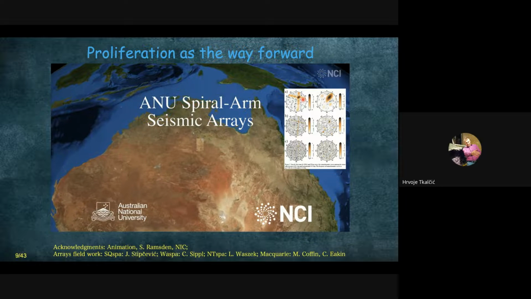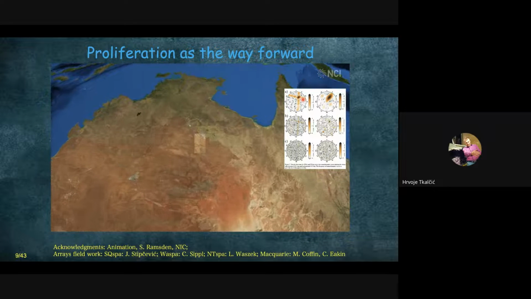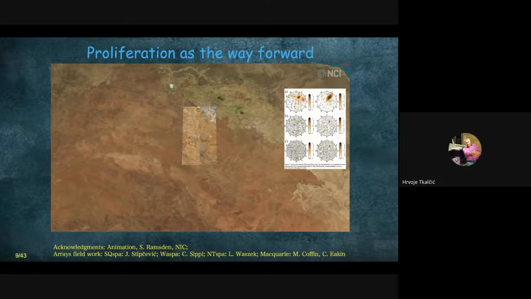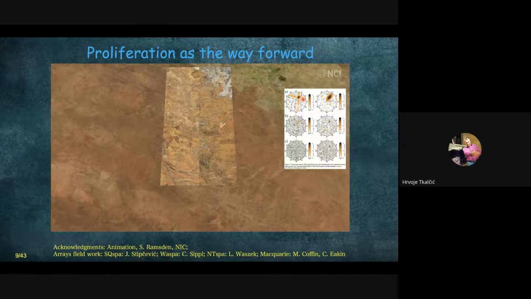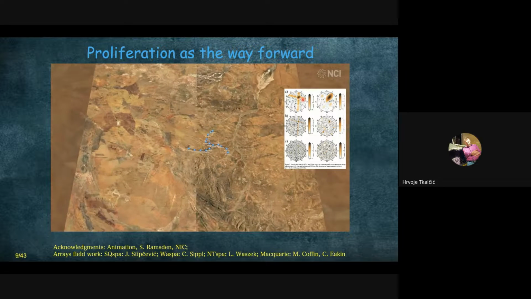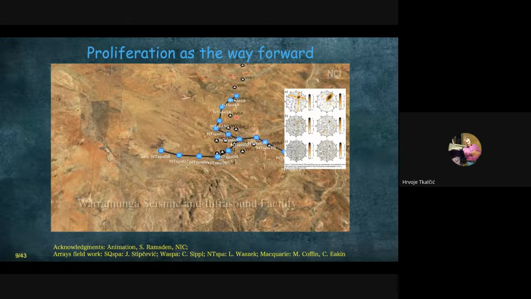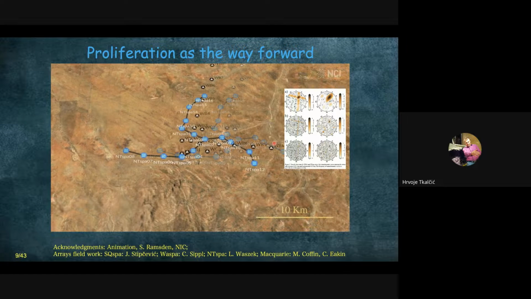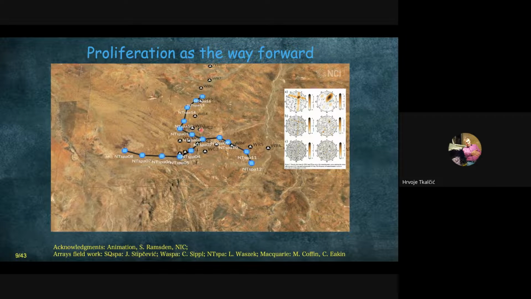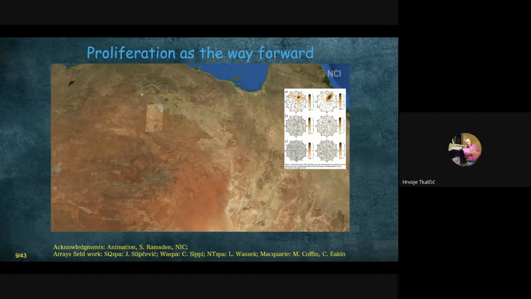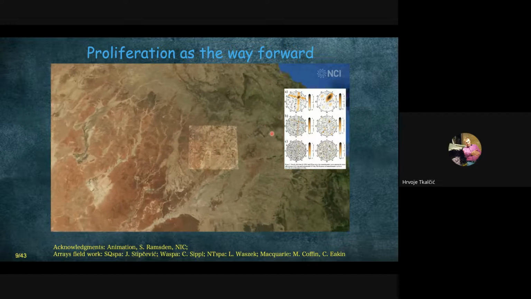And this is more specifically what my research group and I did in the last decade. We installed these interesting spiral arm arrays. You can see here Warramunga, which is a monitoring facility in the Northern Territory. It's L-shaped, but on top of that, we installed these spiral arms, three logarithmic spirals, basically.